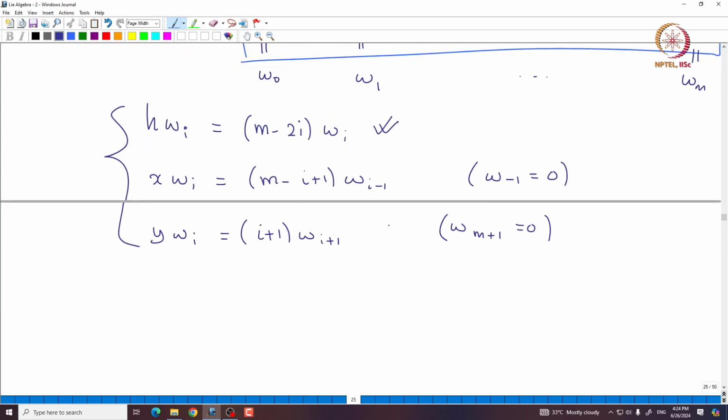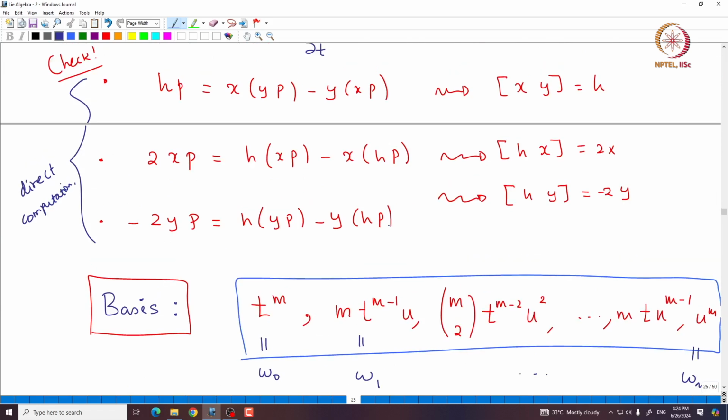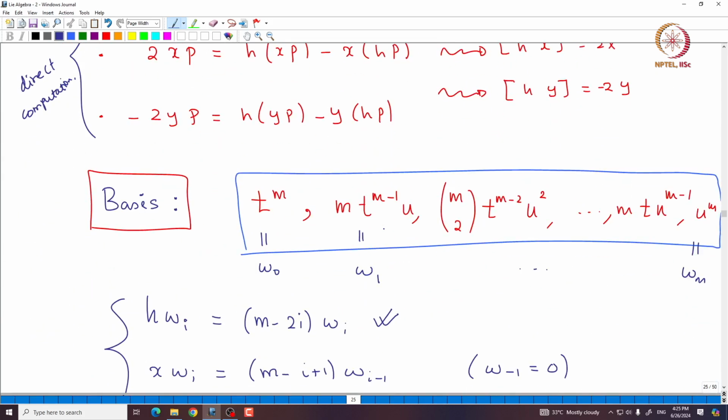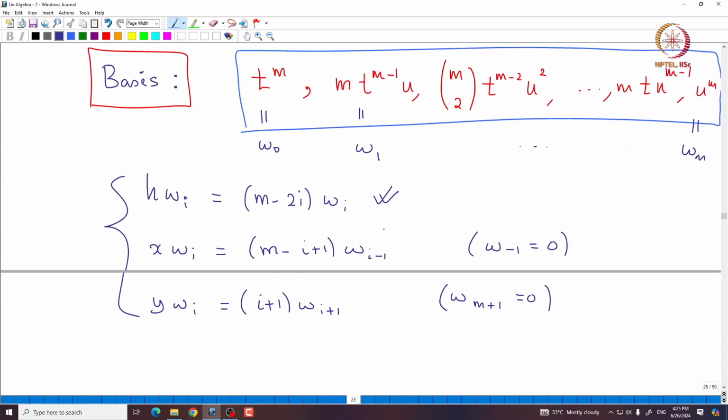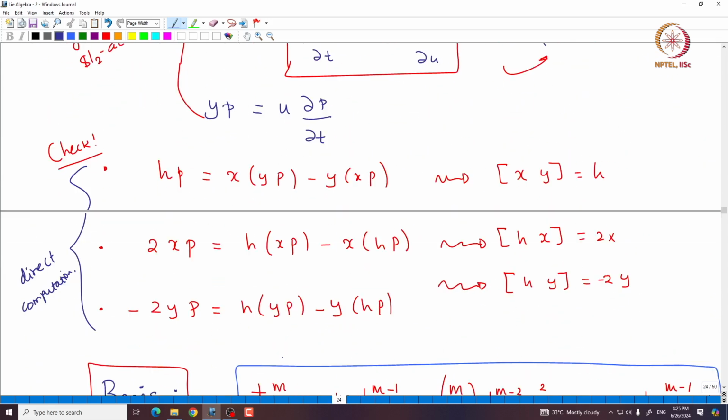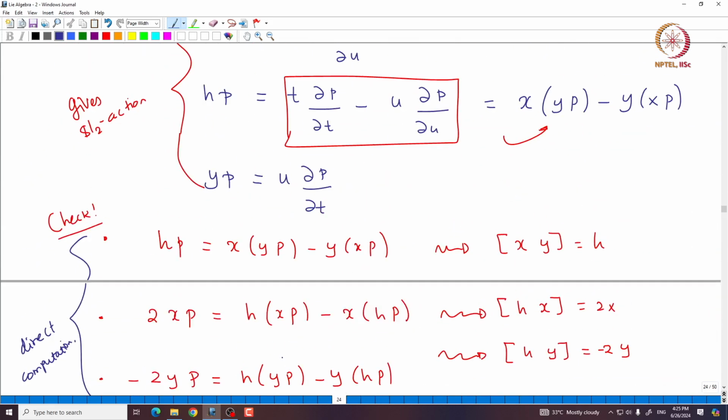So, what is the action of h? Recall h acting on p is given by t dou p by dou t minus u dou p by dou u.